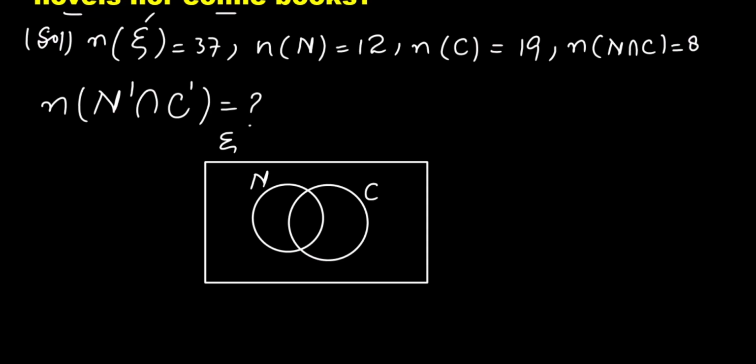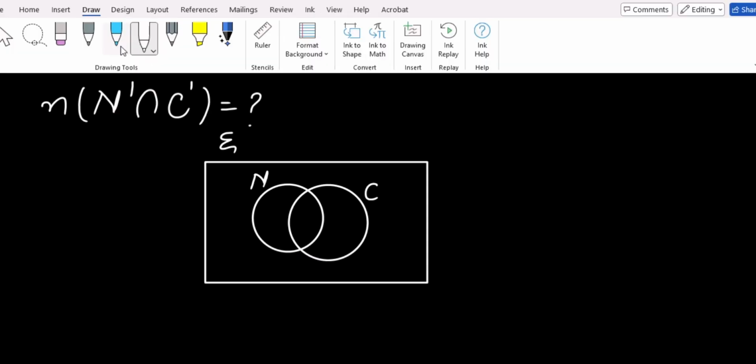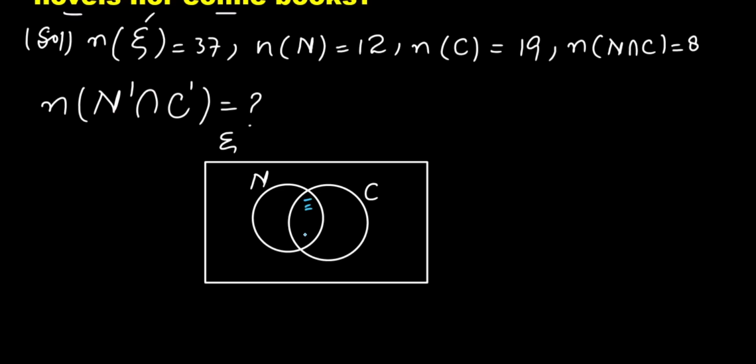Now the readers who have the interest of both lie here in this blue portion, that actually represents the intersection N intersection C. These are 8.